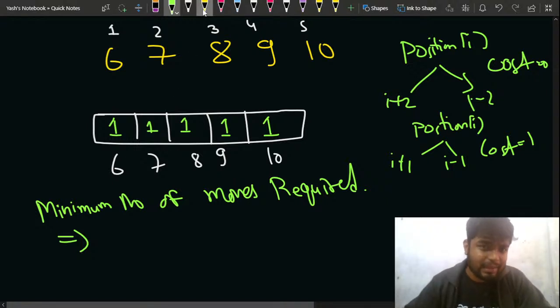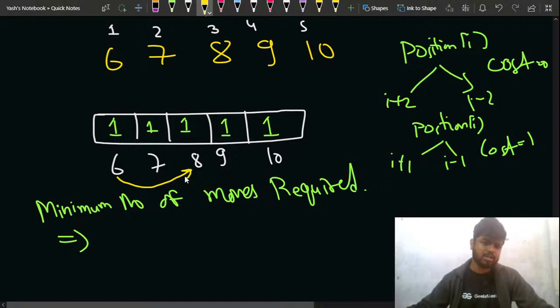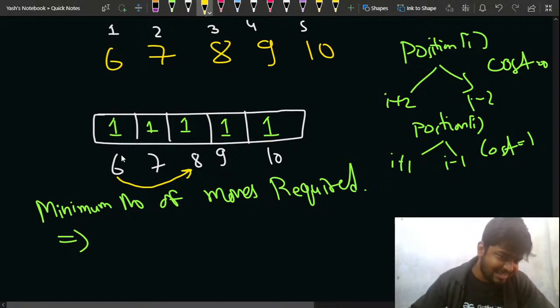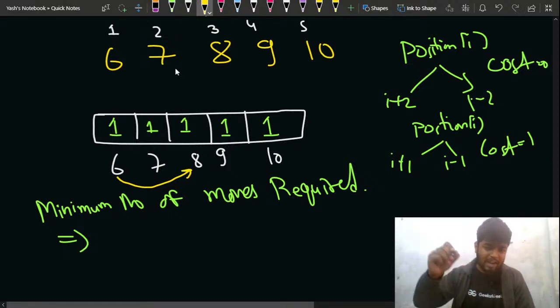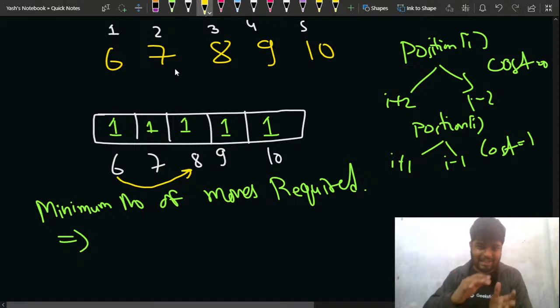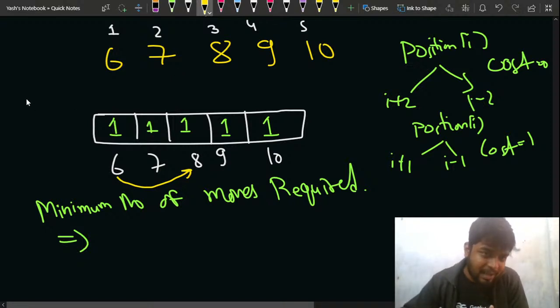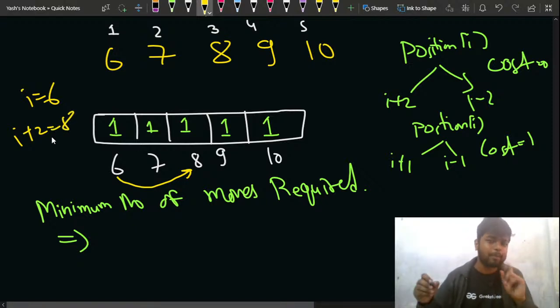Can I say that this is an I? Can I say that I can move this to this index without any cost? Because from position I, that is 6, I can move I plus 2 towards the right, which is 8, without paying any cost.